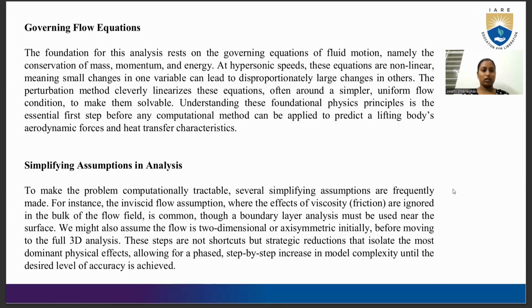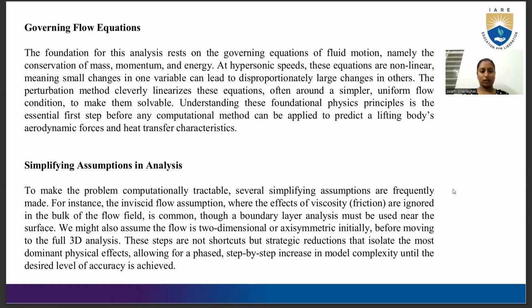Governing flow equations. The foundation of this analysis is set on the governing equations of fluid motion, namely the conservation of mass, momentum, and energy. At hypersonic speed, these equations are nonlinear, meaning small changes in one variable can lead to disproportionately large changes in others.